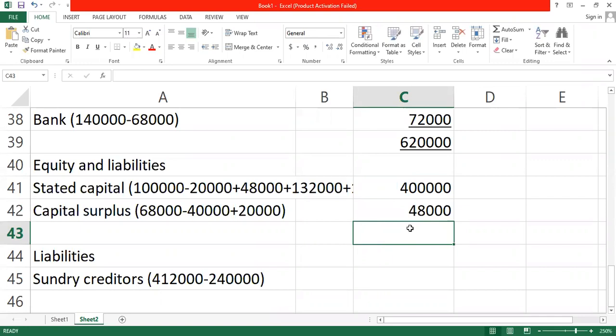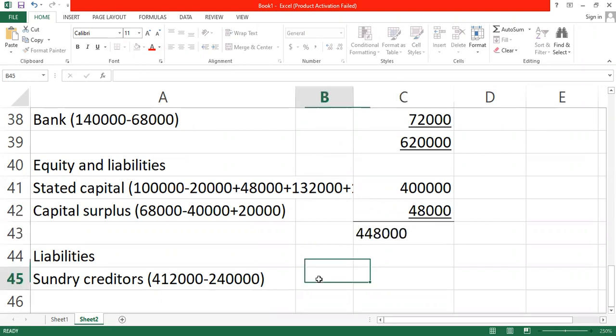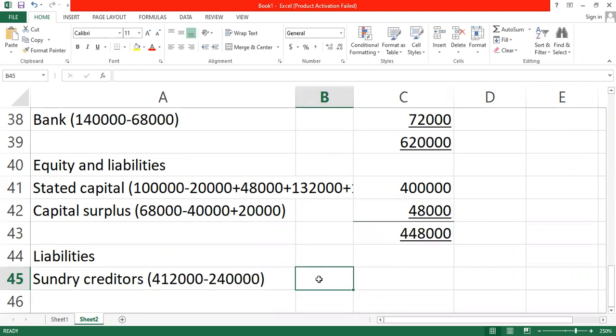So if we put that together, we are having 448,000. Then we add the liability element, 412,000 minus 240,000. That will give us 172,000.